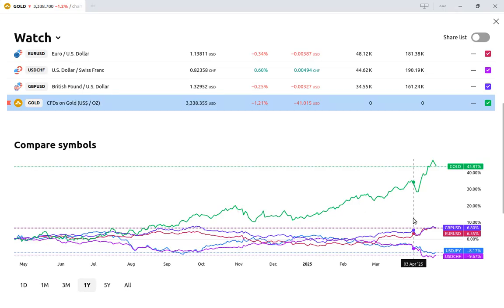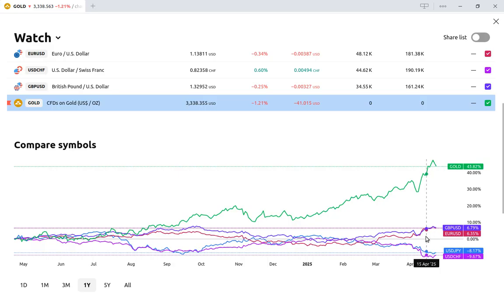But as you can see, right now gold is in a trend. It began trending right here. This is where the trend began. You can see how the currency pairs are faring, because remember, we're comparing gold to the dollar, and it has outperformed them, except for these two currency pairs which have followed the price of gold by 6%.